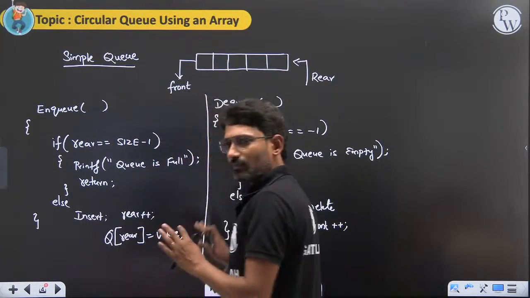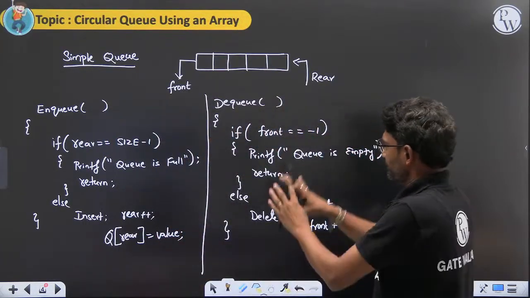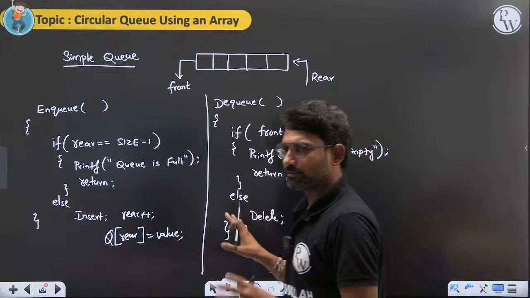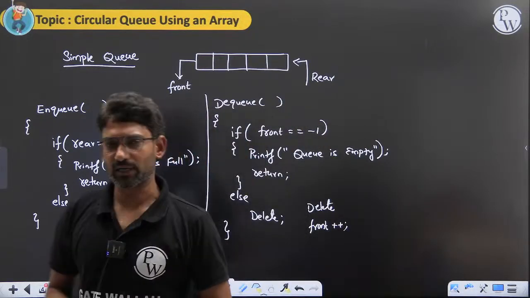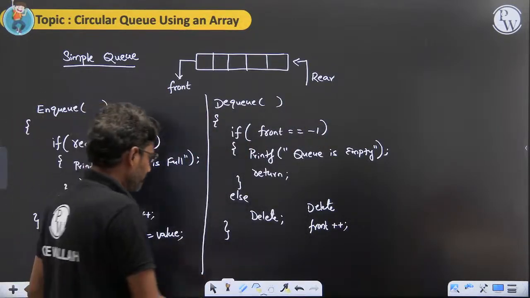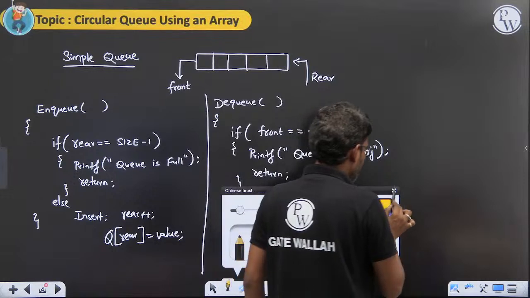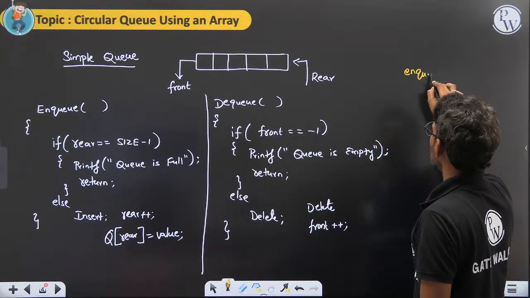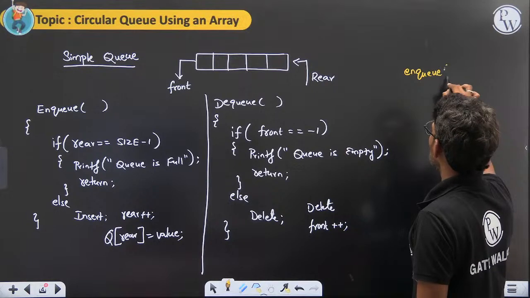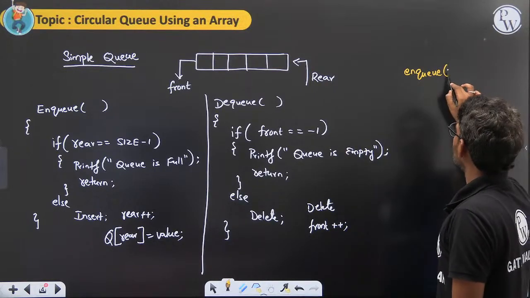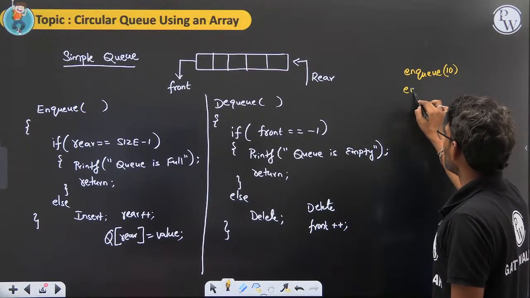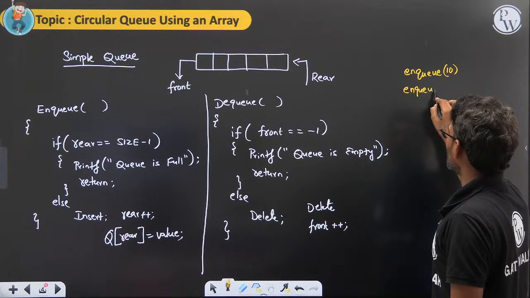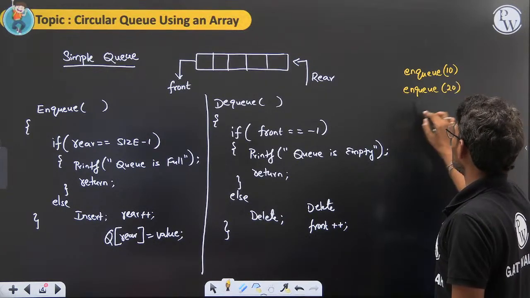Okay? Fine. Now, if you observe this implementation, guys, let's say I am doing the insertions like this. Let's say I am inserting 10, 20, 30, 40 and 50.